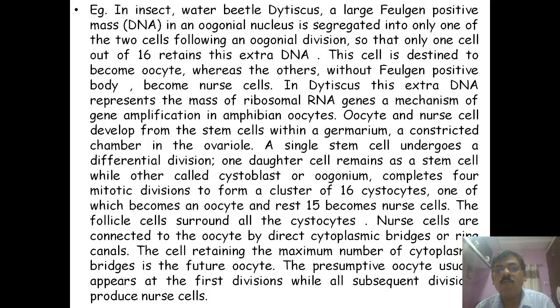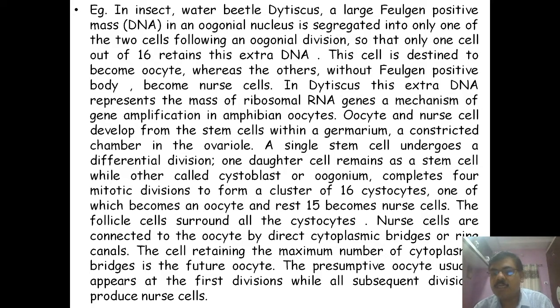For example, in the insect water beetle Dytiscus, a large Feulgen positive mass of DNA in an oogonial nucleus is segregated into only one of the two cells following an oogonial division, so that only one cell out of 16 retains the extra DNA, which is destined to form an oocyte, whereas the others without the Feulgen positive body become the nurse cells.